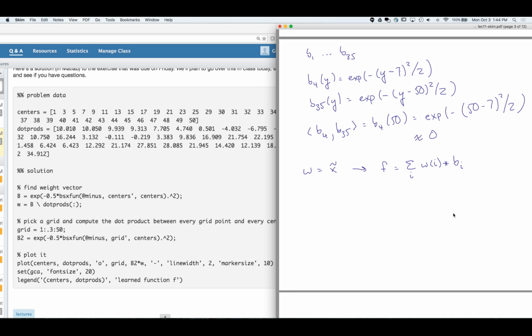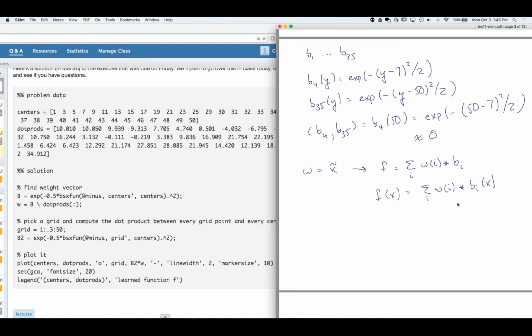And so if we want f of x, that's going to be the sum over i of W of i times Bi of x, because a linear combination of functions just means a linear combination at every argument.